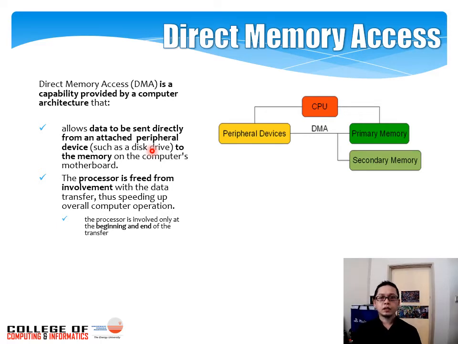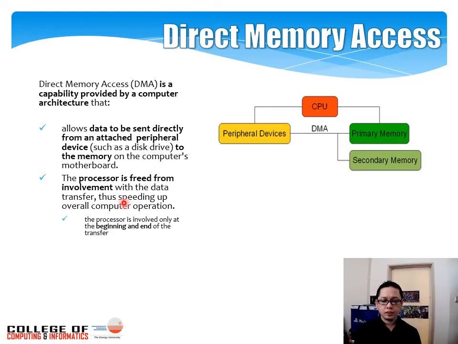So let's say when you want to print a document, once you hit print, the CPU will not need to monitor what is the current line that you are printing. Once the printer process is activated, the CPU can leave the process, do other tasks, and only come back when the whole print process is done.